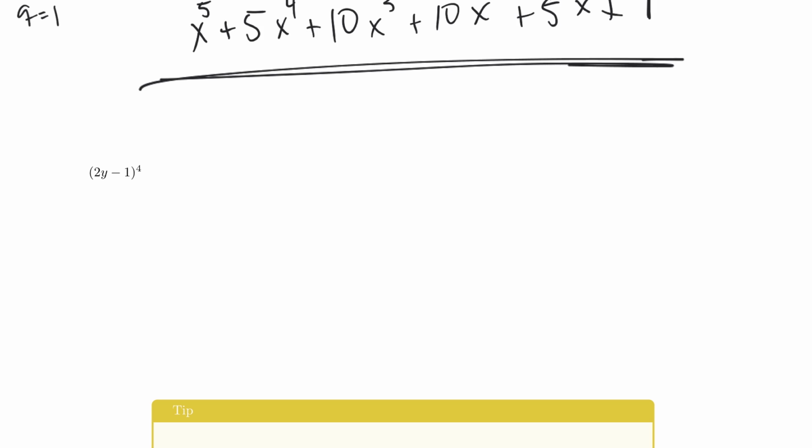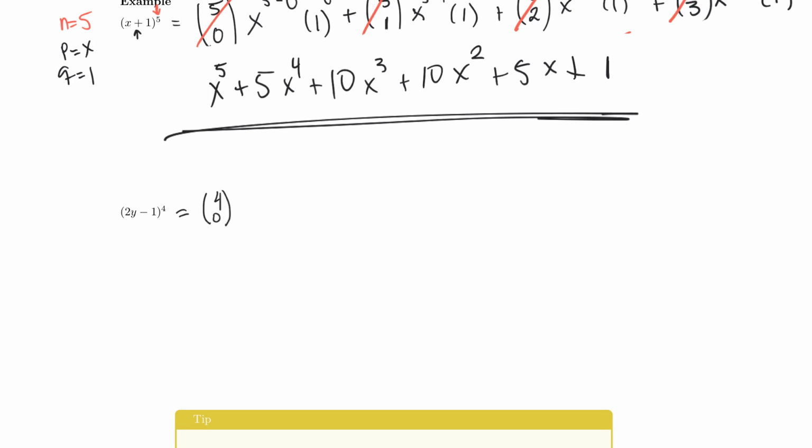It says this is equal to 4 choose 0, then the first term, which is 2y, to the power of 4 minus 0, and then we have 1 right here, to the power of 0. We leave a space empty for the sign. We're going to assign the sign later on because we have a negative sign right here, so we have to be careful.